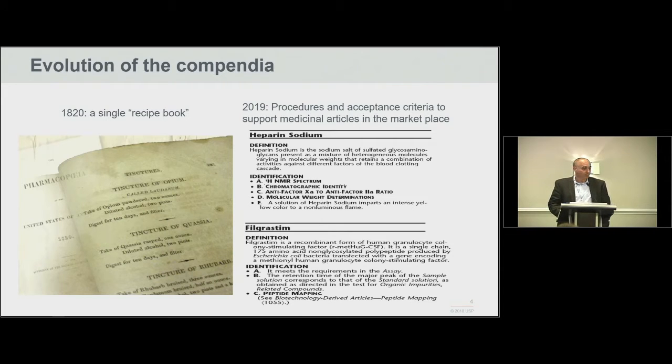The examples here are heparin and filgrastim. But the concept applies to different types of therapeutic products, where the core quality attributes, which are part of the CMC section in a regulatory filing, we'll look at some of the key tests for identification, purity, and potency or bioactivity, and those are the examples that are provided here.